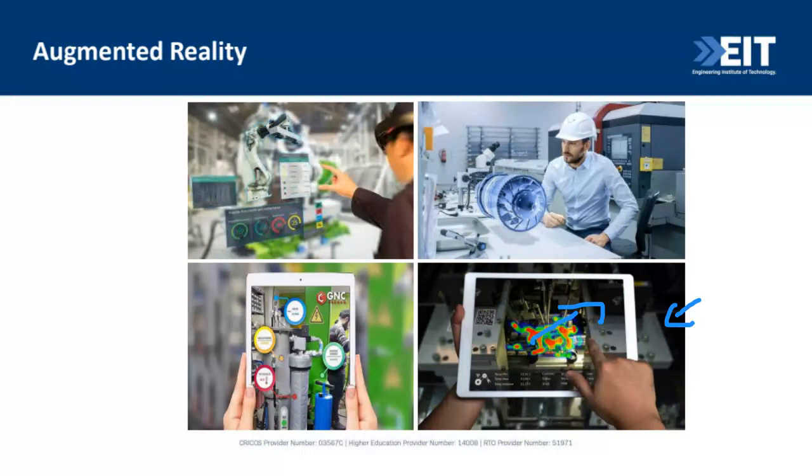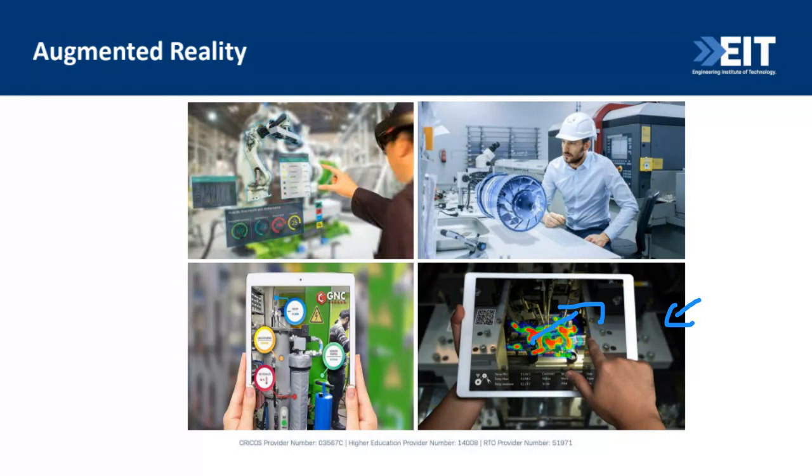Now, it's very important to understand. With virtual reality, the idea was putting you in a virtual, artificial environment, and you are not interacting with the hardware of a physical device. With augmented reality, you are interacting to an extent with a digital overlay on top of a physical device.